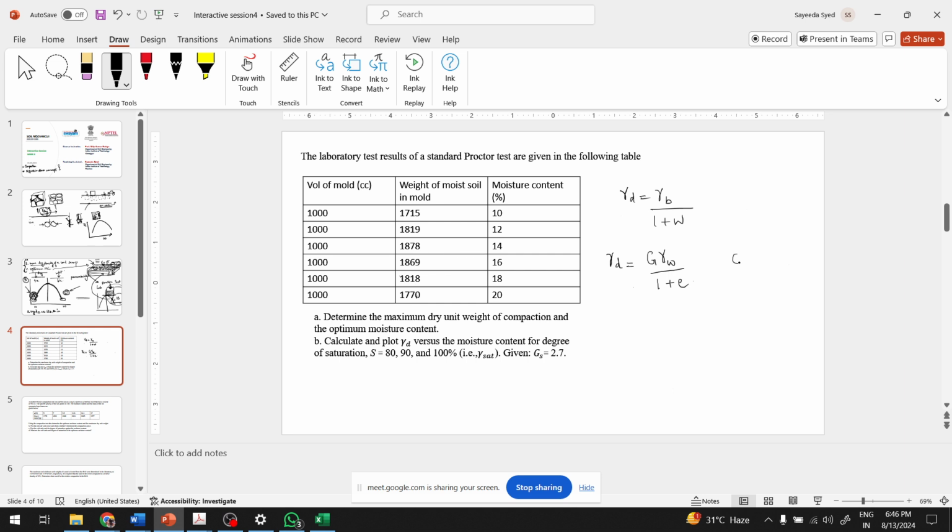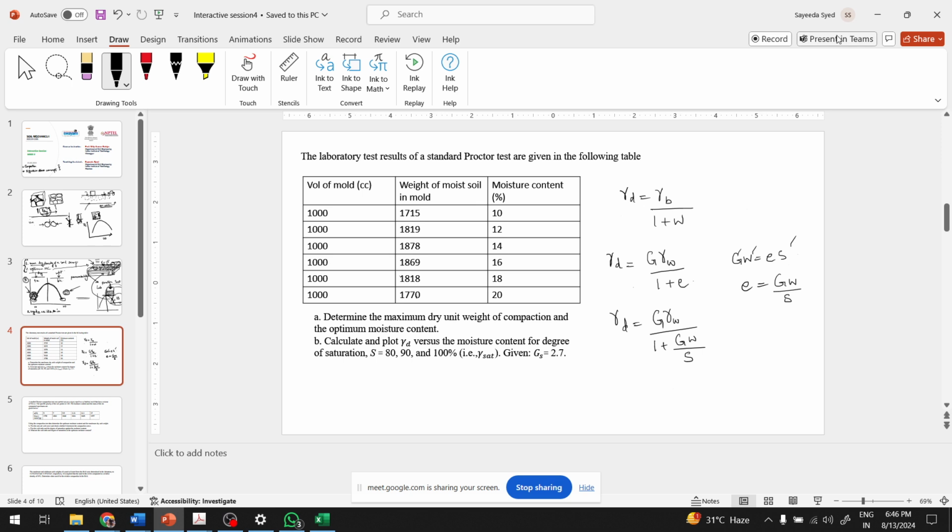And GW is equal to ES. We know G, we know W, we know S, and we can take E from here as equivalent to GW over S. So we take gamma D equals G gamma W over 1 plus GW over S.